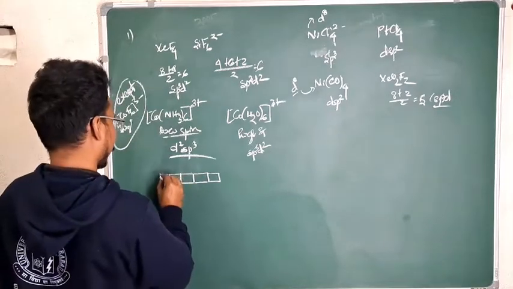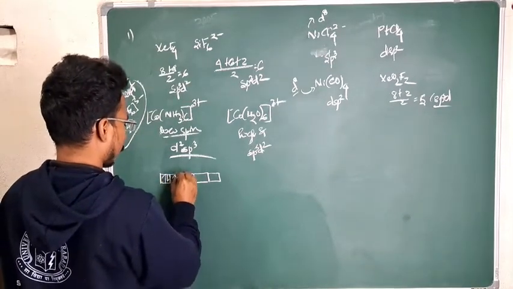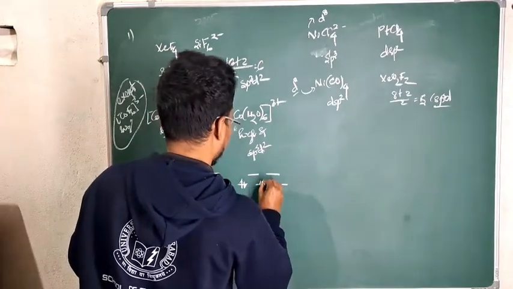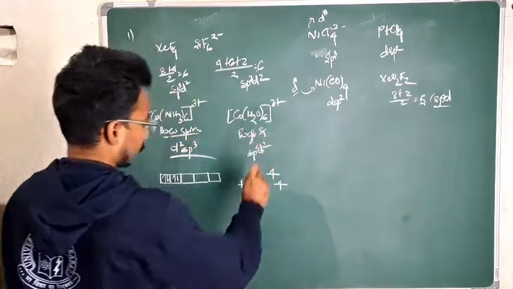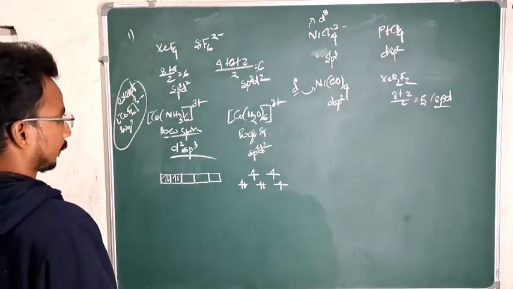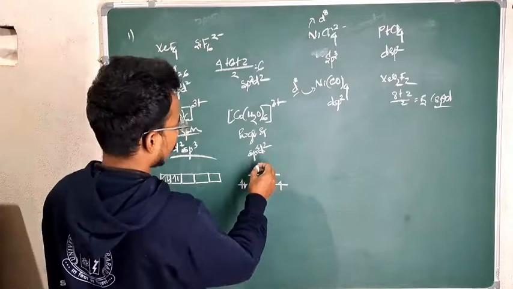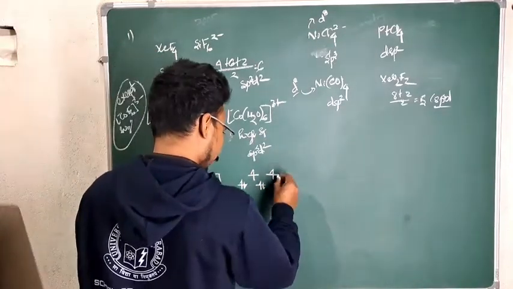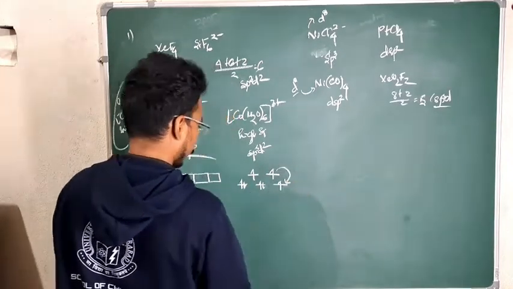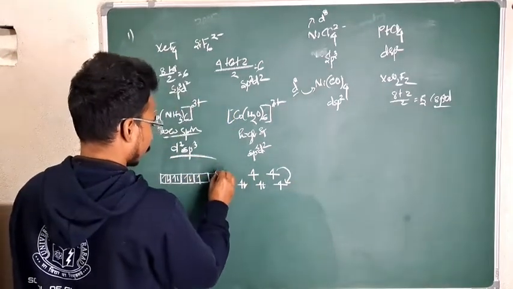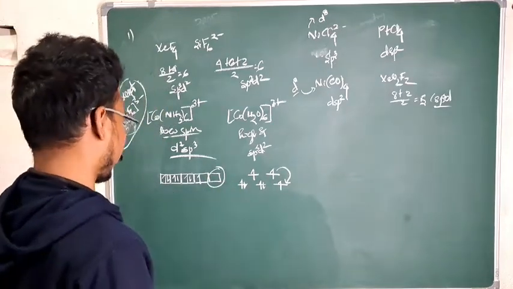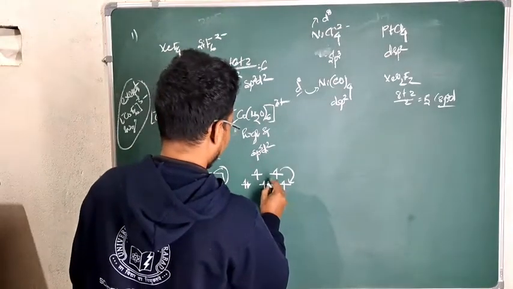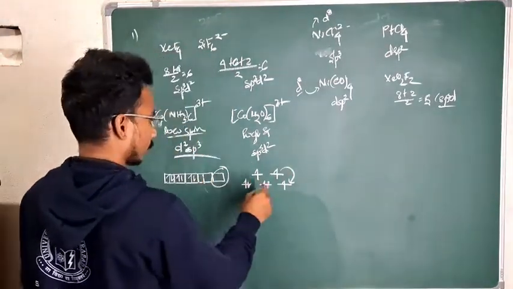So cobalt, you know, or you can draw like this, it will be more understandable. D7, okay, but while it is a high spin complex, it is not pairing. But when it is low spin, it is coming here. I made a mistake here, it is a d6 system, not d7 system.